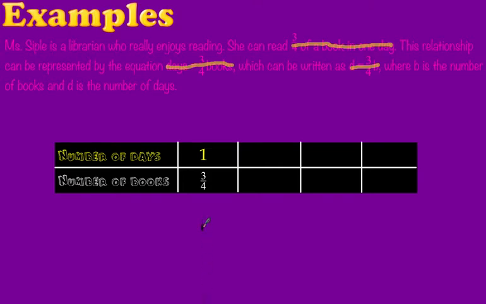So we would take 3/4 and multiply it by 2, which we would put over 1, and we would get 6 over 4. And we could change this. 4 goes into 6 once, so this would be 1 2/4, which is equal to 1 1/2. So in 2 days, she can read 1.5 books. Go ahead and try the next 2 on your own, and when you come back, we'll check your answers.